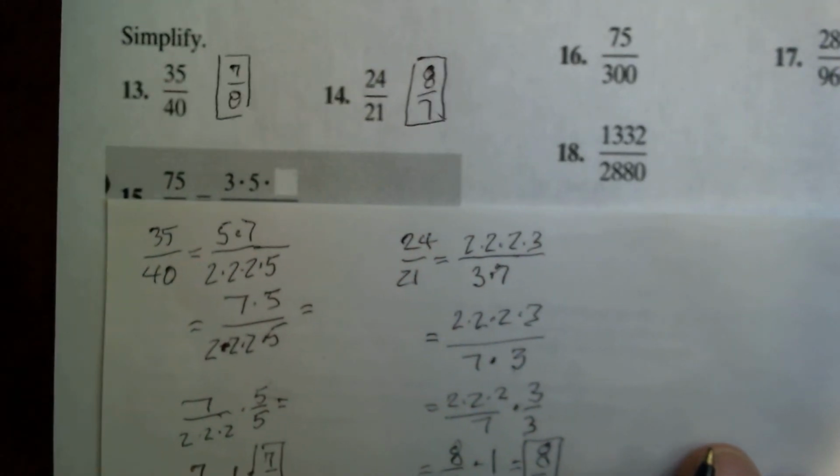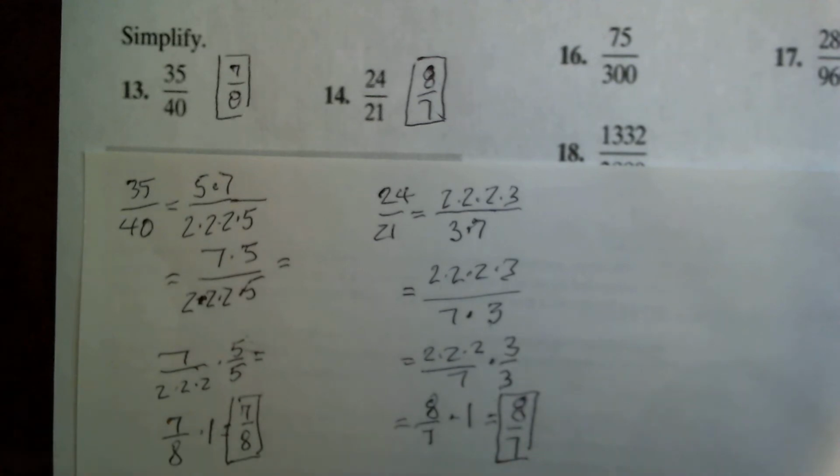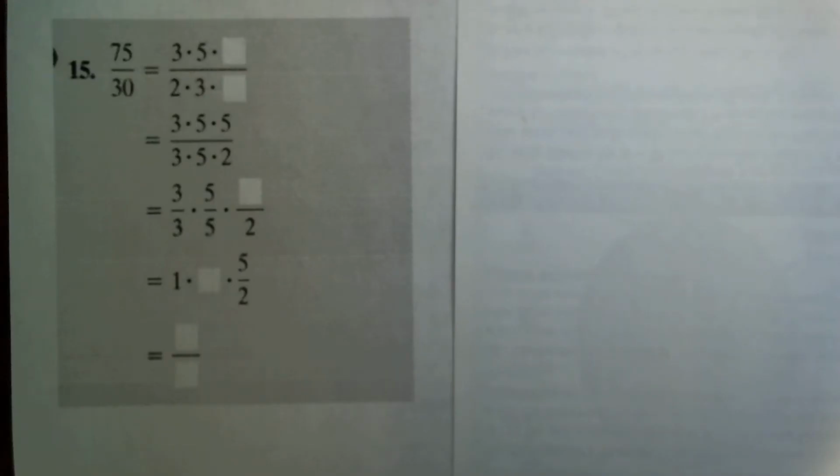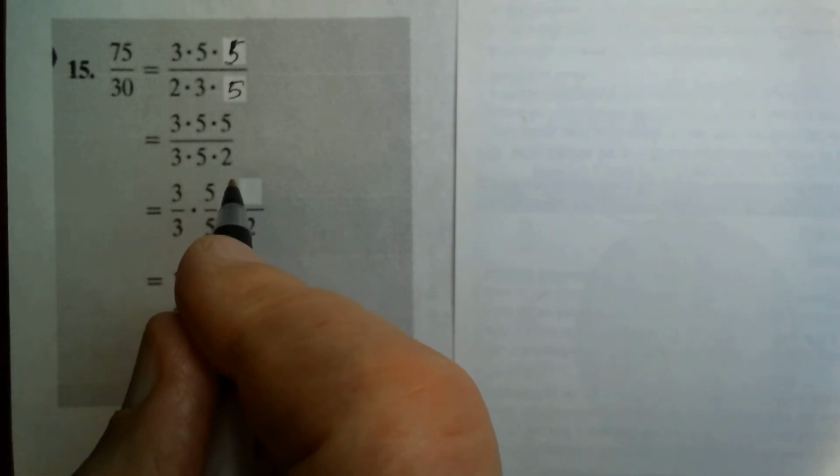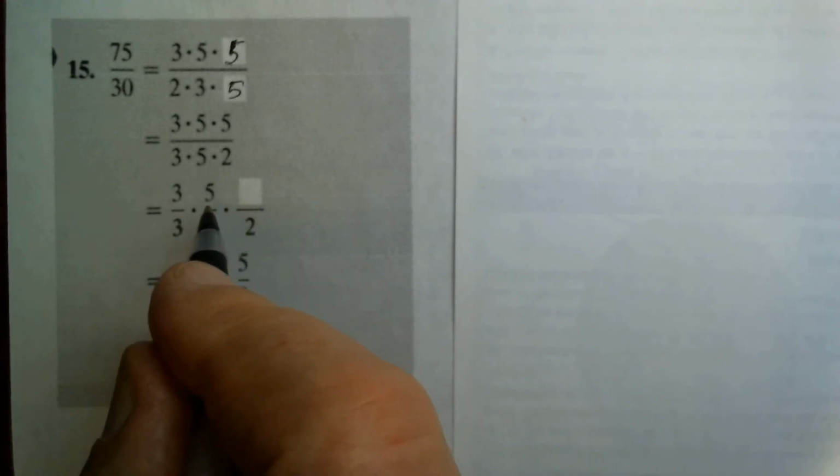Let's look at number 15. So number 15, we factor 75 as 3 times 5 times 5. And we factor 30 as 2 times 3 times 5. So we have 3 times 5 times 5 divided by 3 times 5 times 2. And now we separate them into 3 divided by 3 times 5 divided by 5 times 5 divided by 2.